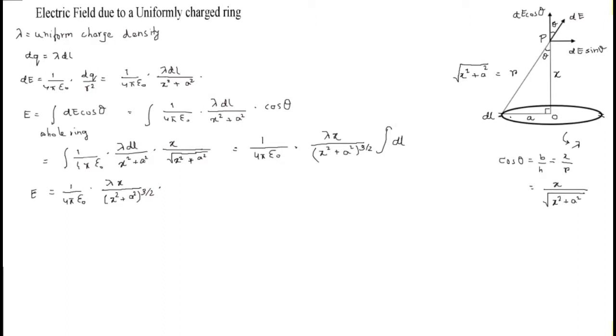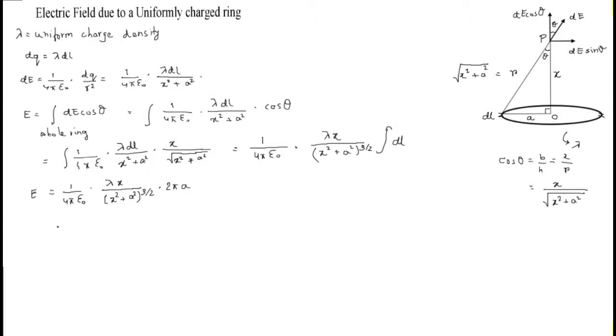So if we integrate it over the entire length, look at the diagram, this is nothing other than the total length of the ring, which is 2 pi into a, right? So 2 pi into a.